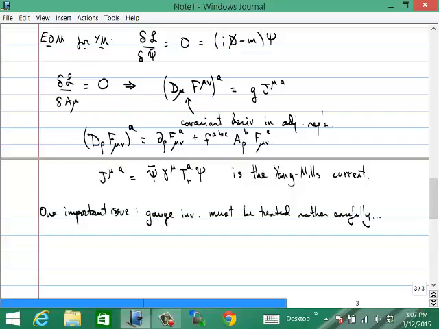Now actually, there's an interesting history involved with the argument that I'm now going to give. Yang and Mills originally proposed the Yang-Mills Lagrangian and Yang-Mills theory more than 50 years ago. But for a long time, it was not quite clear how, once one includes quantum mechanical effects, you can actually preserve gauge invariance. There was a lot of worry that gauge invariance would be broken quantum mechanically. It wasn't really clear if these Yang-Mills theories made sense quantum mechanically.